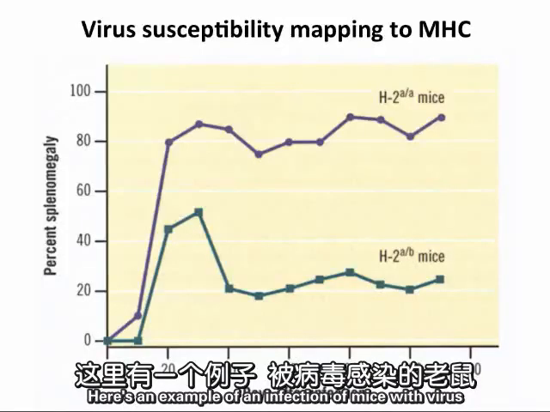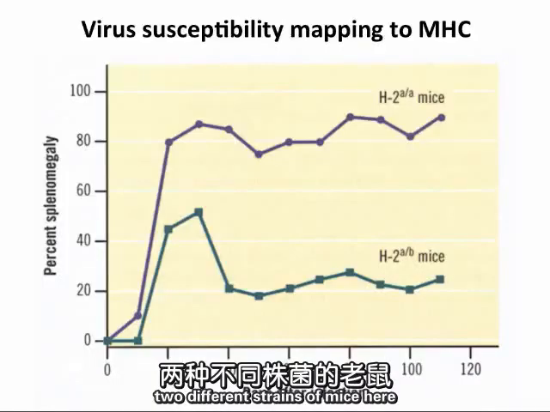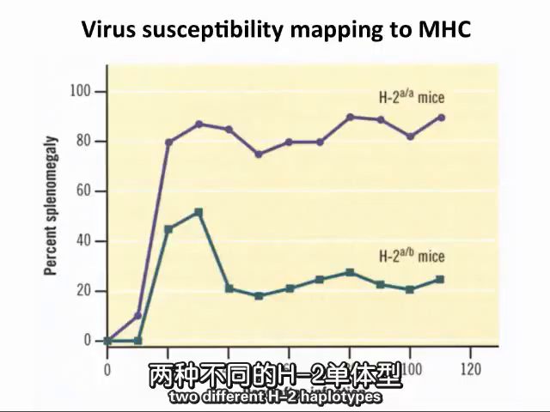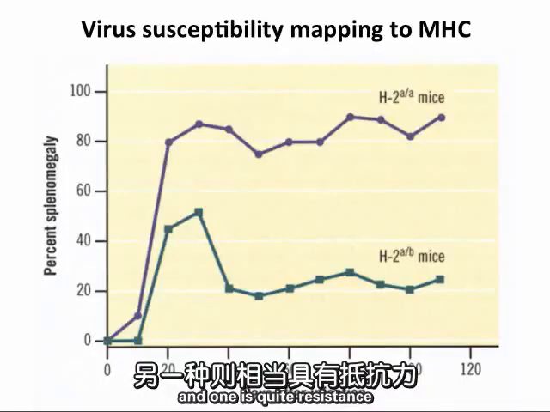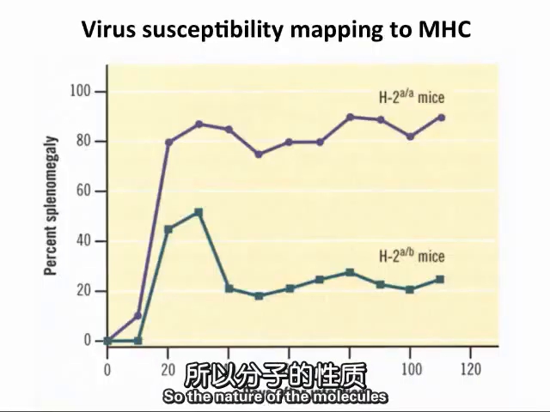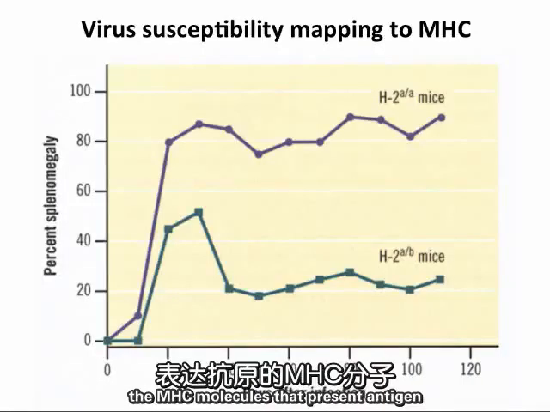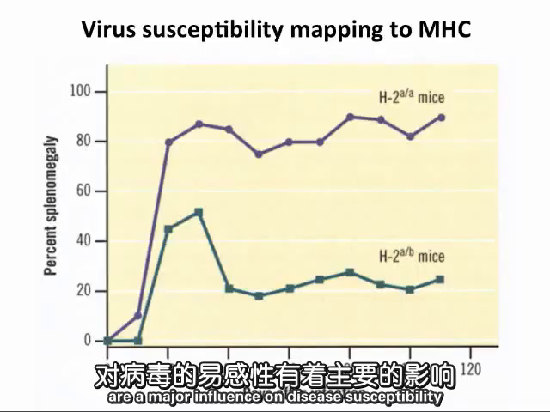Here's an example of an infection of mice with a virus. There are two different strains of mice here, two different H2 haplotypes. And you can see one is very susceptible and one is quite resistant. So the nature of the MHC molecules that present antigen is a major influence on disease susceptibility.